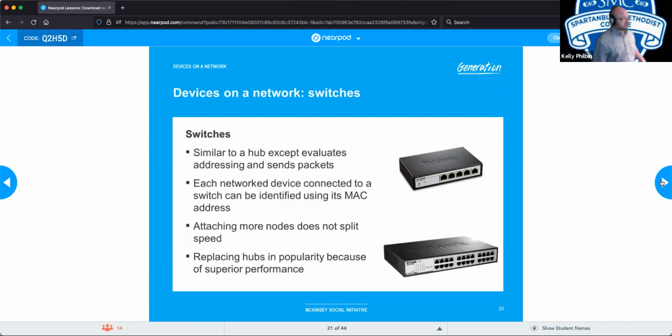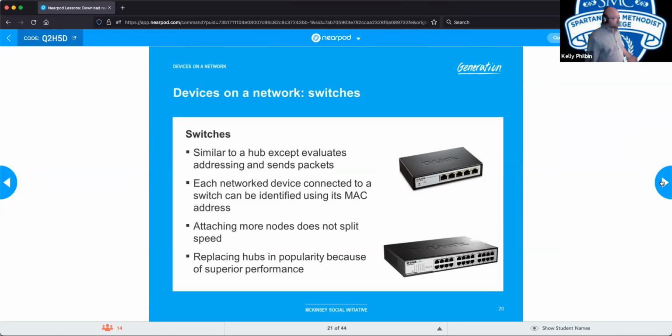So now it has that MAC address. Say I want to send this photo to Avery. Avery is on a certain MAC address. The switch takes that in and goes, okay, I sent it in through port 1. It looks at it and says, okay, I know that MAC address is on port 4. So it sends the information out on port 4 and port 4 only.